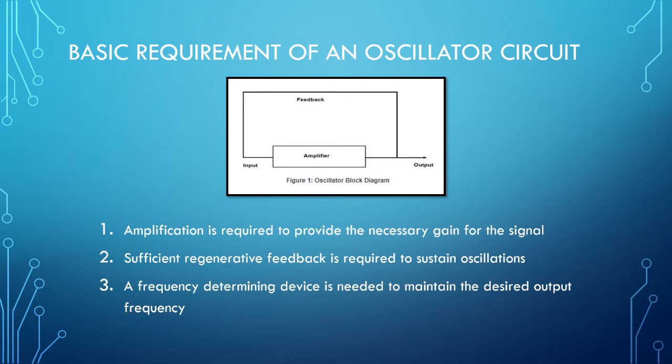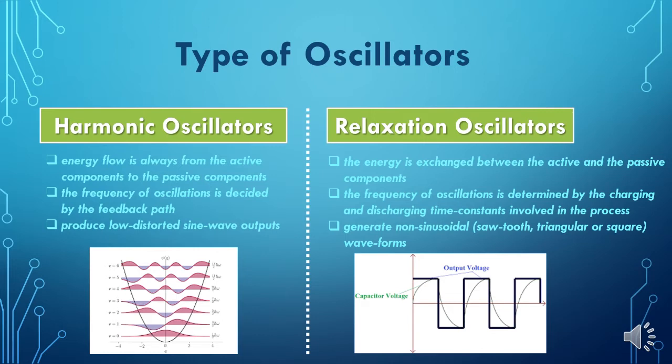There are many types of oscillators, but they can broadly be classified into two main categories, which are harmonic oscillators and relaxation oscillators. In a harmonic oscillator, also known as linear oscillator, the energy flow is always from the active component to the passive component, and the frequency of oscillation is decided by the feedback path.